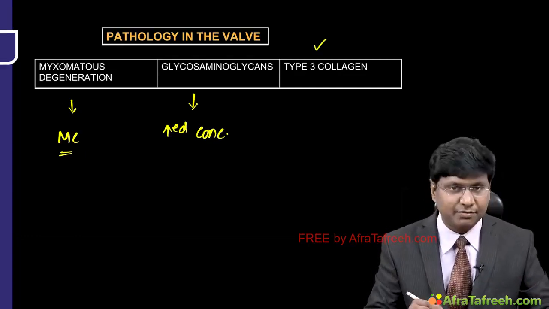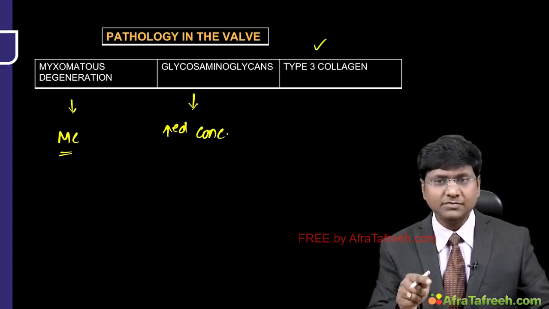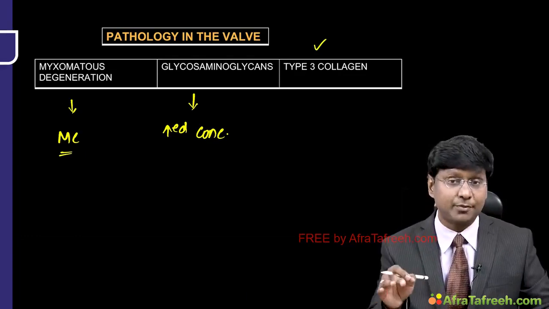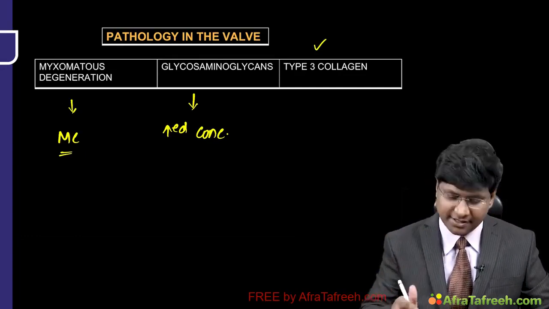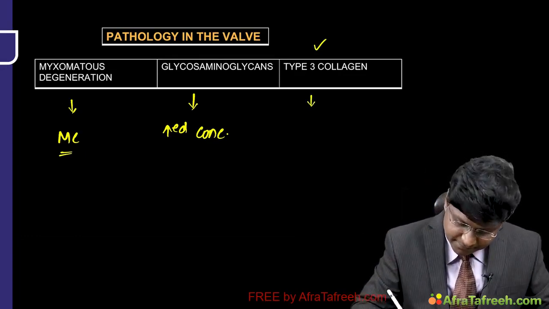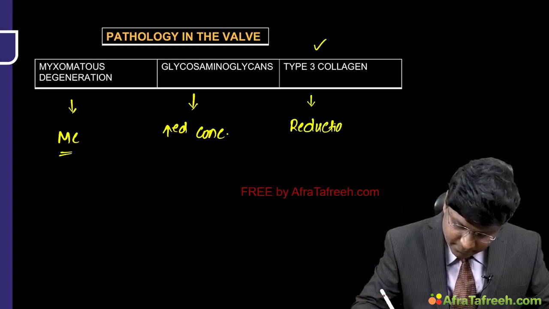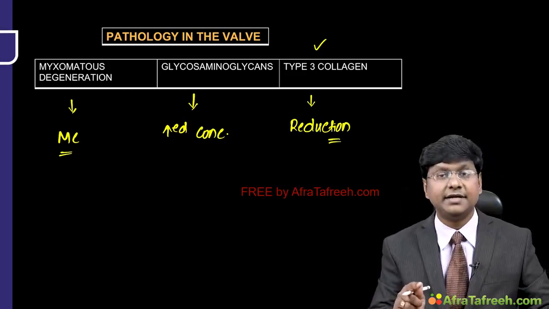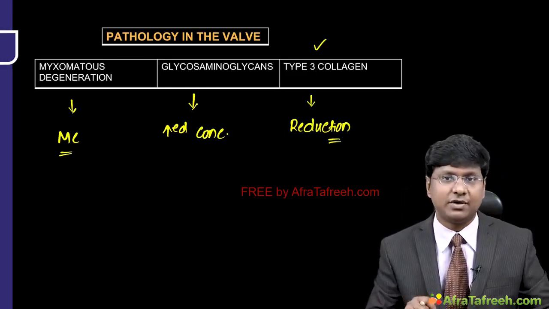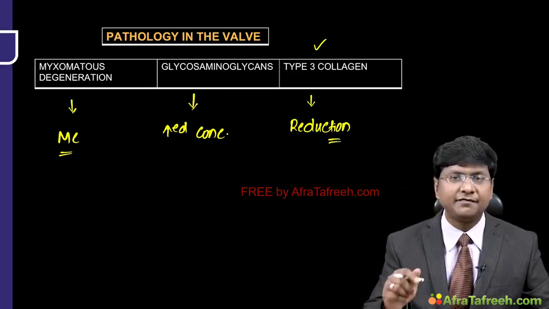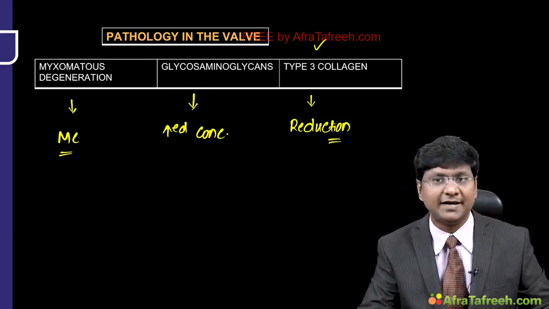Another important abnormality in mitral valve prolapse is reduction in the production of type 3 collagen, which has been implicated in the development of mitral valve prolapse syndrome.